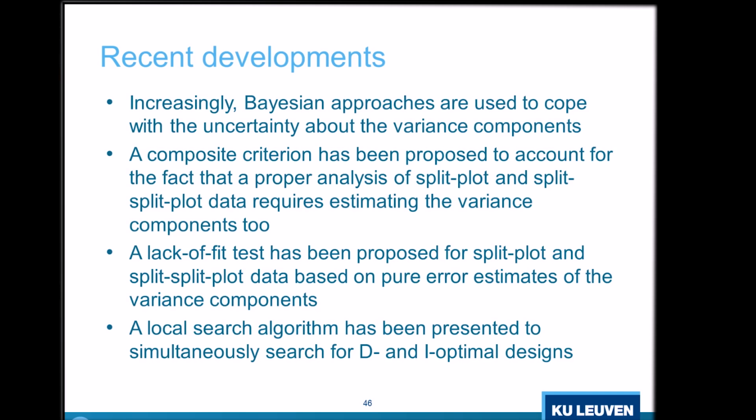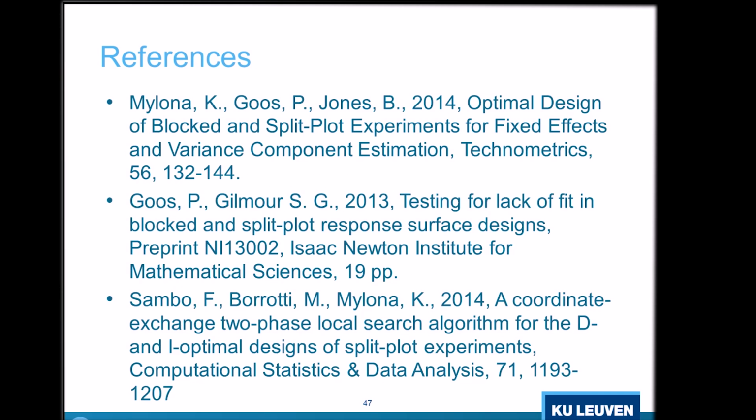Well, there have been recent publications where there was a simultaneous search for designs that perform well with respect to multiple criteria, for example, with respect to both the D and the I optimality criterion. And on the next slide, slide 47, I show you some references that contain some of these recent developments.